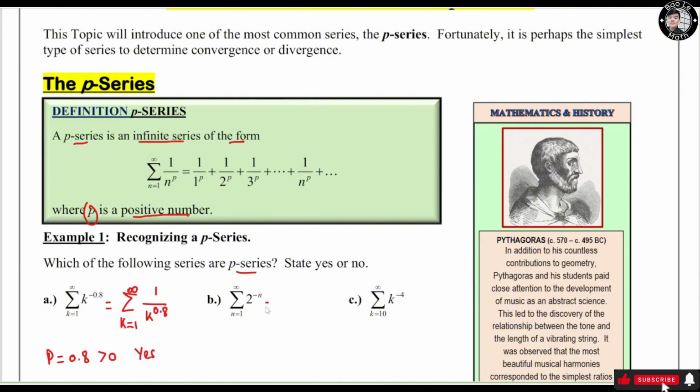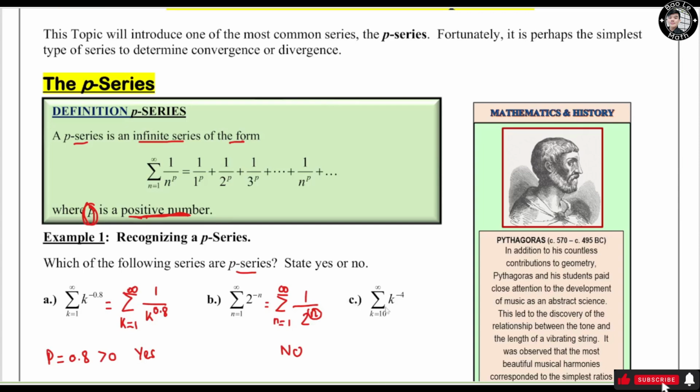Now question B, we're going to rewrite this one as sigma when n goes from 1 to infinity of 1 over 2 to the n. Now look, p must be a positive number, not a variable. This one is the variable, so we say no.